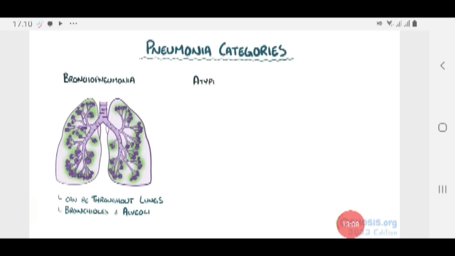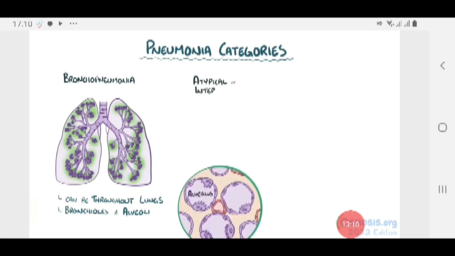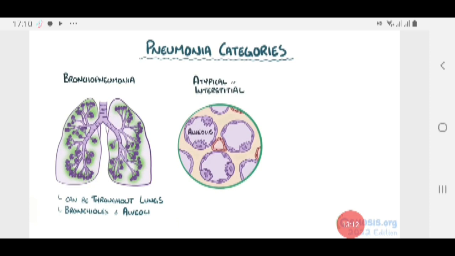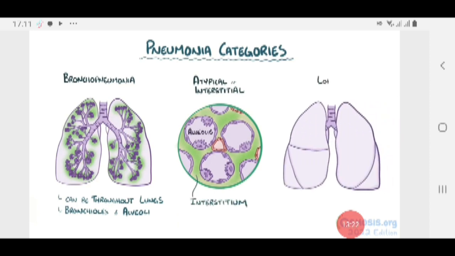In atypical or interstitial pneumonia, the infection is mainly just outside the alveoli in the interstitium. And in lobar pneumonia, the infection causes complete consolidation of a whole lobe of the lung, meaning that the entire region is filled with fluid.